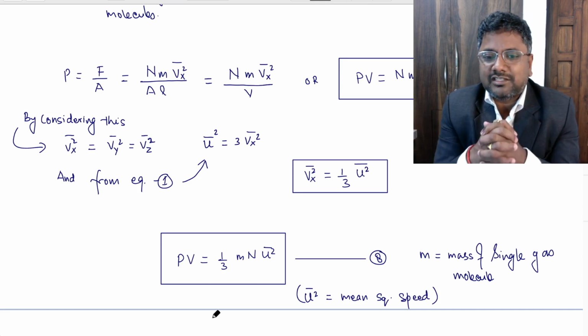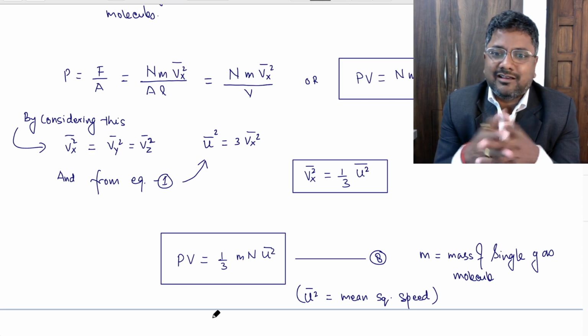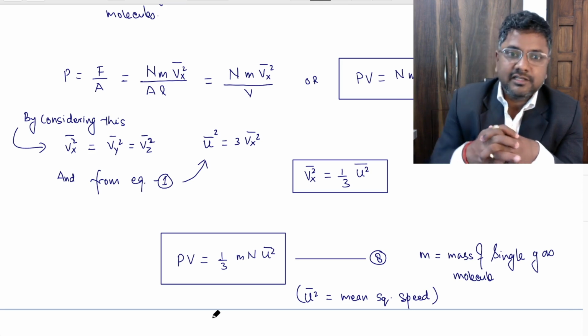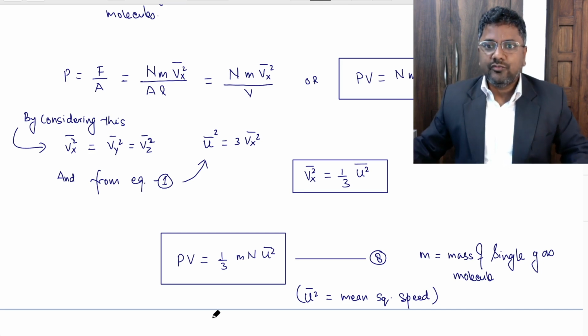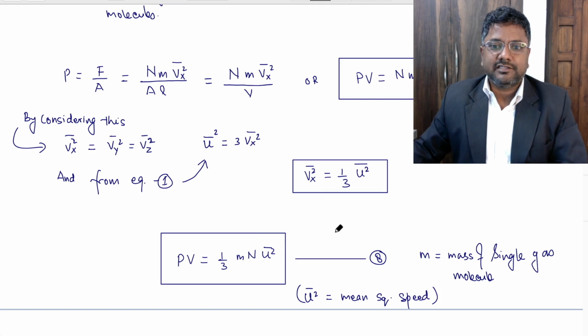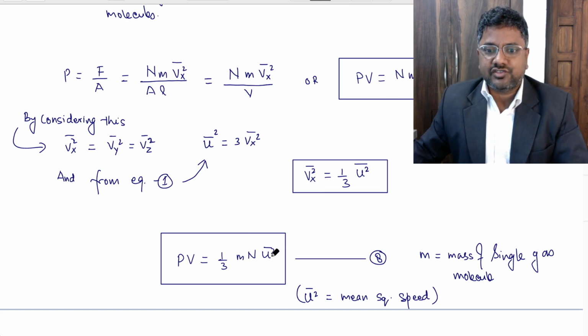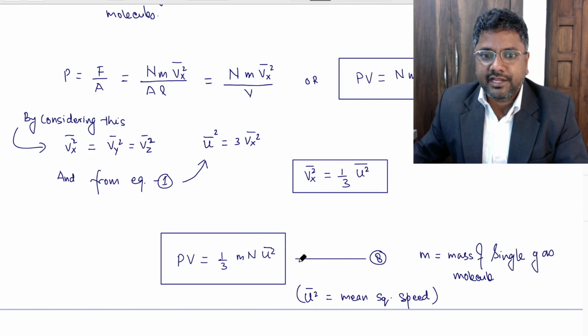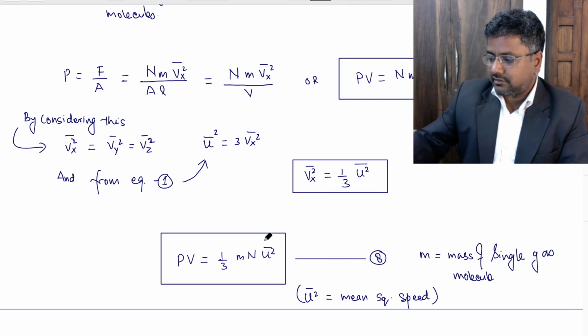This formula is also applicable at relatively low pressure. This is not applicable at high pressure, meaning at high density, right? So hopefully all of you are clear with this formula, and equation 8 is known as the kinetic gas equation.